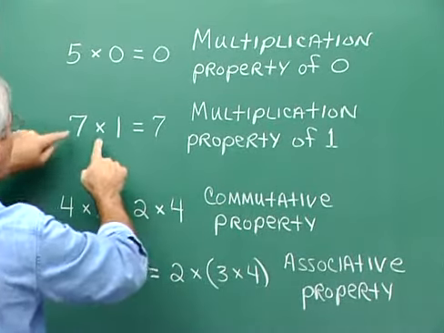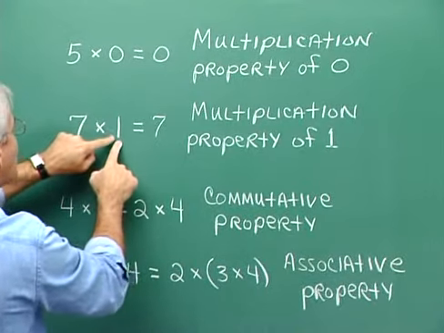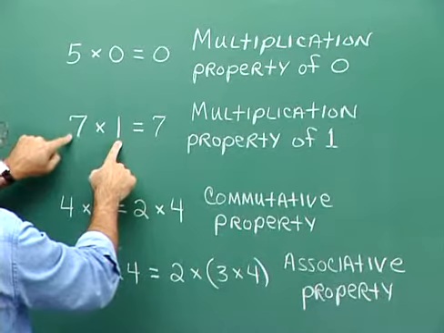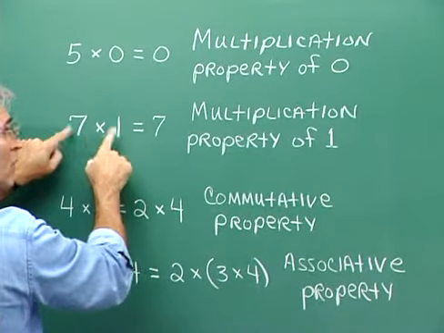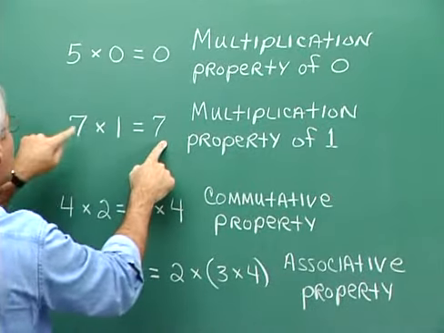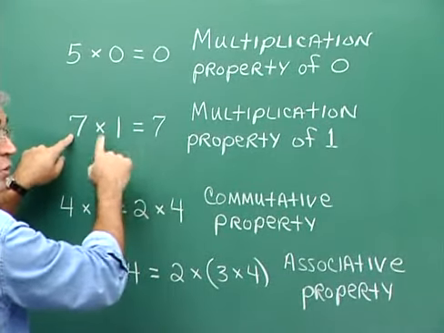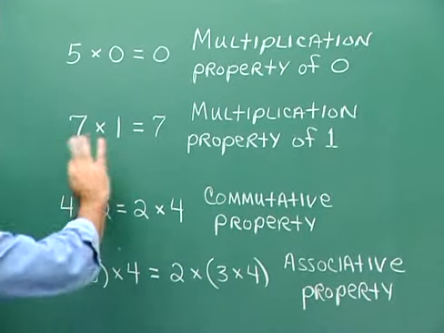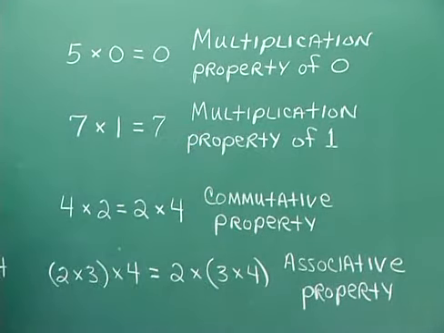Because after all, we're using 1 as a factor with another whole number, and in this process, when we find the product it turns out to have the same identity as that other factor. So 1 is the identity element in multiplication. But this is called the multiplication property of 1, involving that identity element.